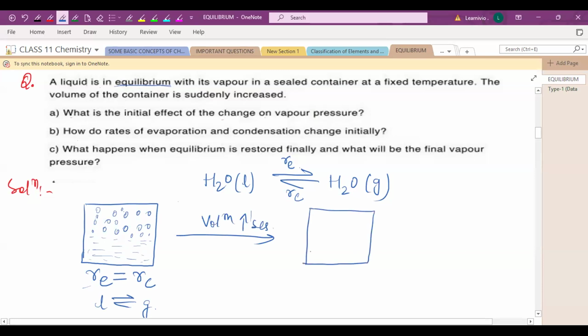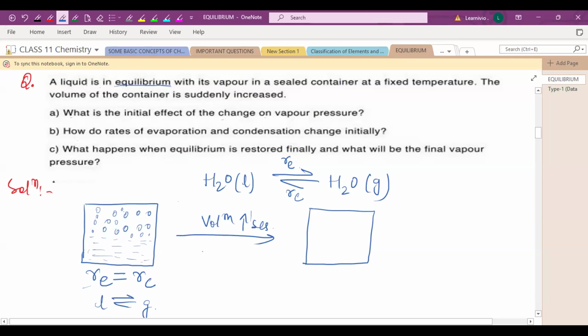The volume of the container is being suddenly increased. Initially it was in equilibrium, meaning the rate of forward reaction is equal to the rate of backward reaction, the rate of evaporation is equal to the rate of condensation. Now, how does the volume increase? The temperature is fixed.